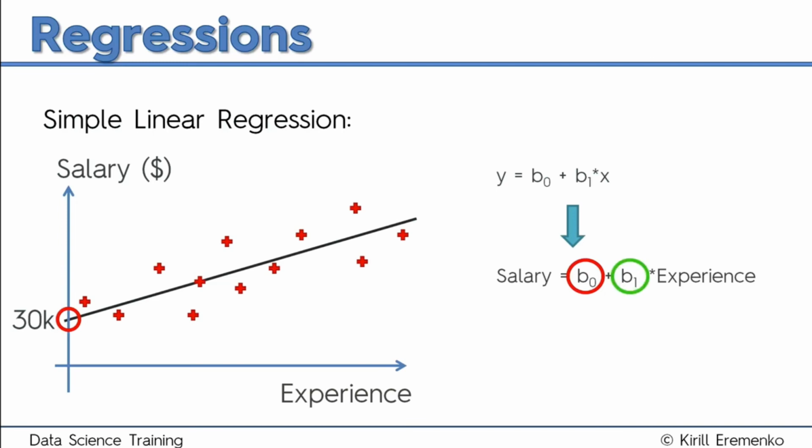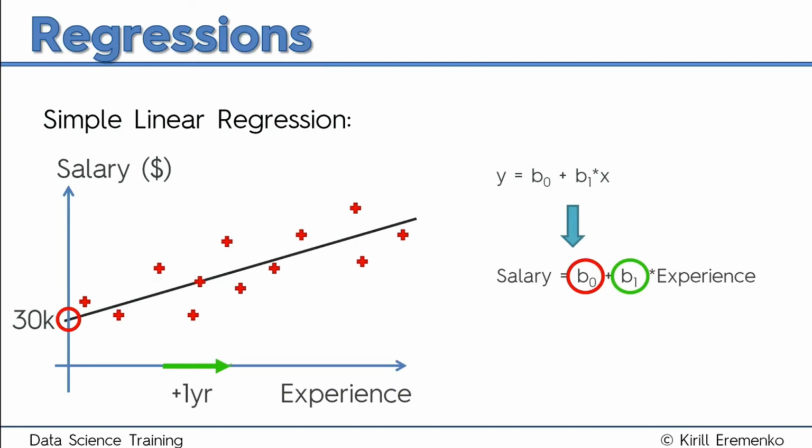Now, what is B1? B1 is the slope of the line. The steeper the line, the more money you get per extra year of experience. Let's look at this in this particular example. Let's say somebody went from maybe 4 to 5 years of experience.